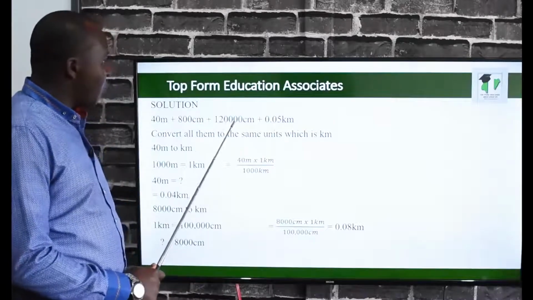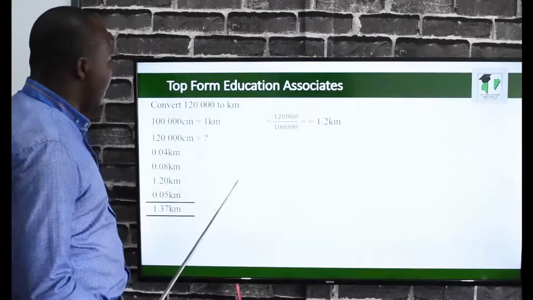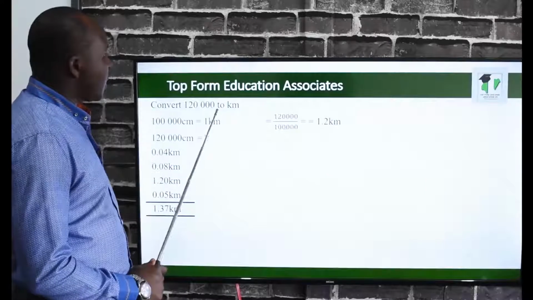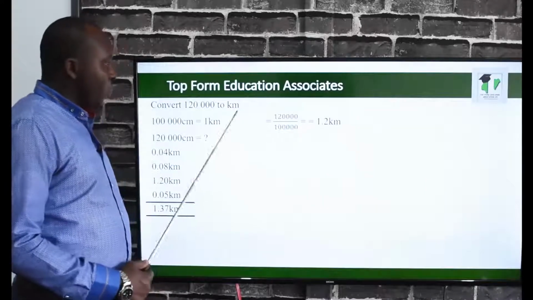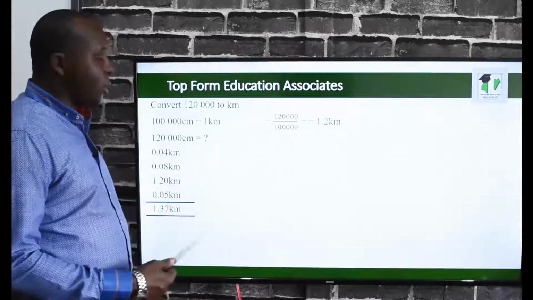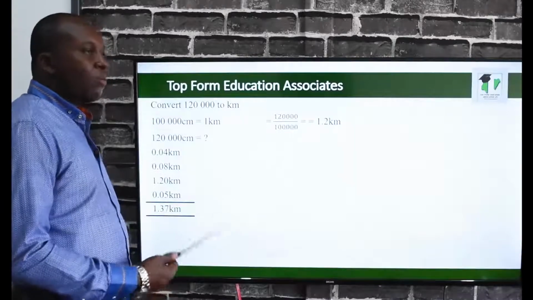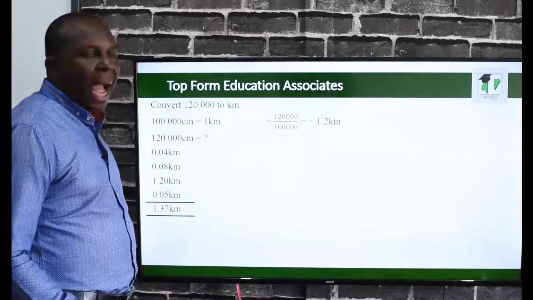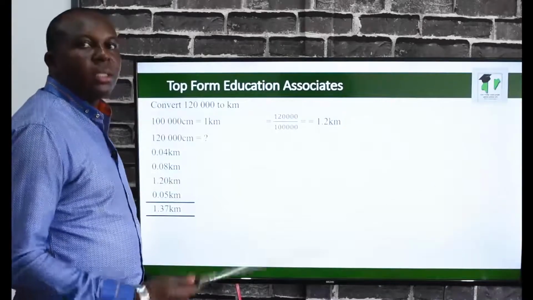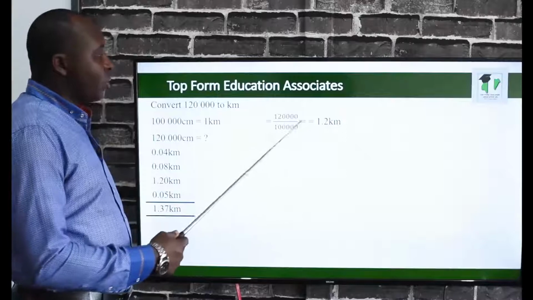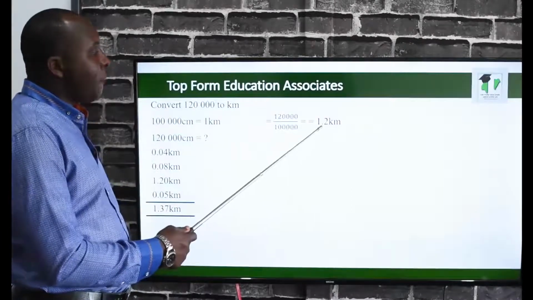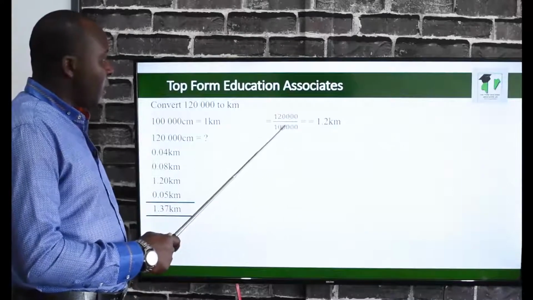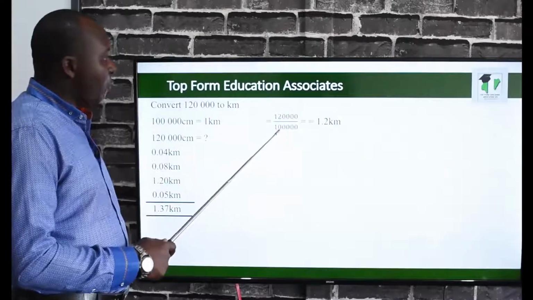It remains 120,000 centimeters. Let's do the same thing. We divide 120,000 centimeters by 100,000 centimeters per kilometer. When we cancel the zeros, we have 12 over 10.